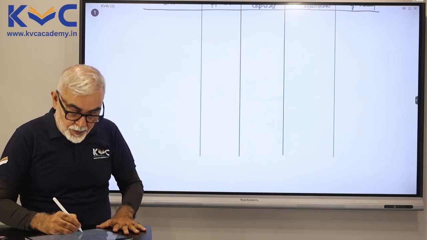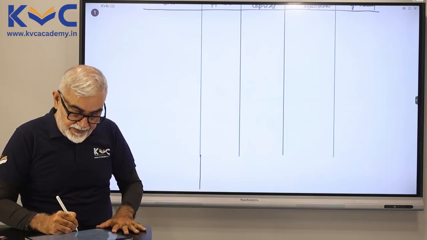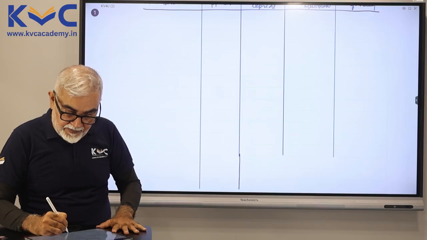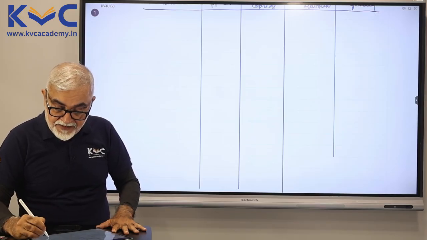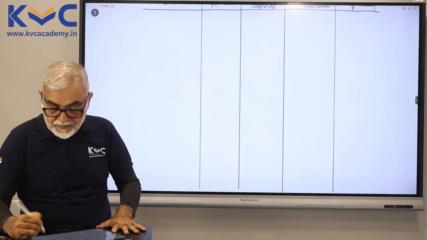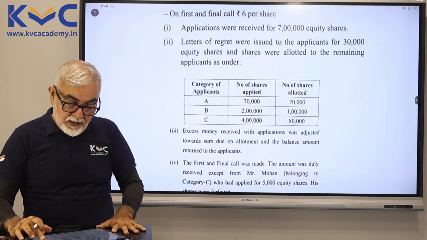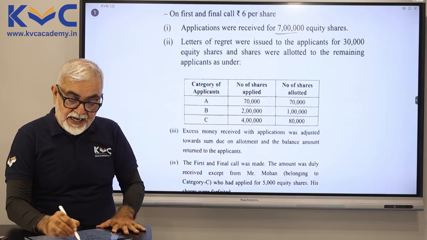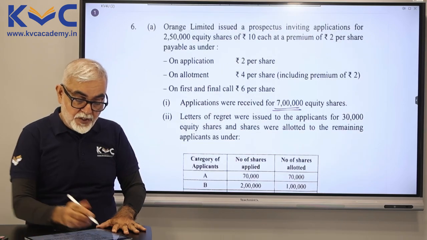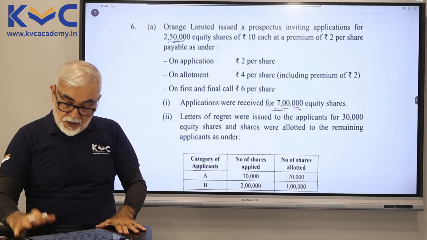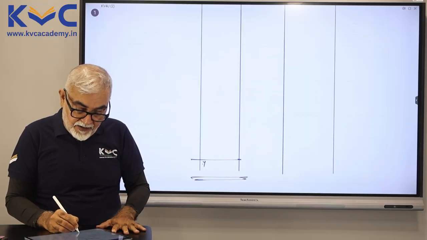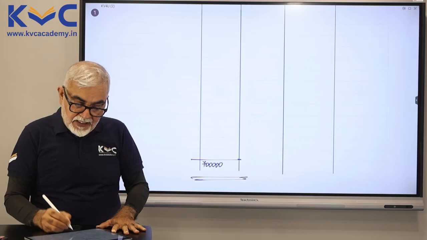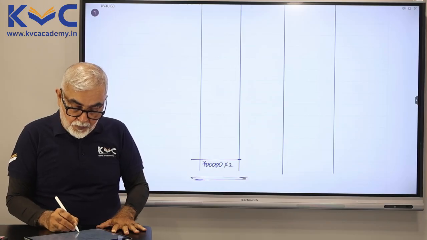Now, I know for sure that the number of shares applied is 7 lakh. We are told that the number of shares applied for is 7 lakh. Number of shares issued is 2 lakh 50. So the total of this applied should be 7 lakh into 2.